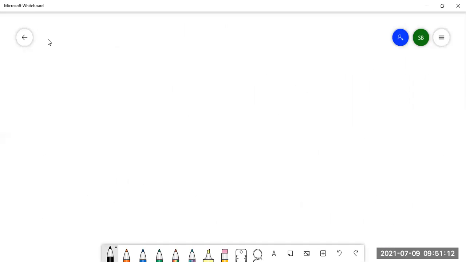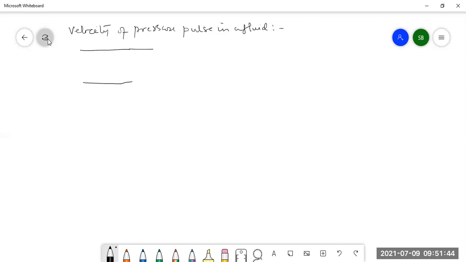Now, what is the velocity of a pressure pulse in a fluid? Say we have a duct like this.